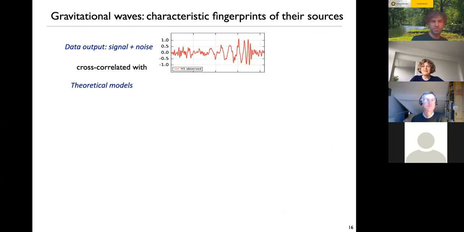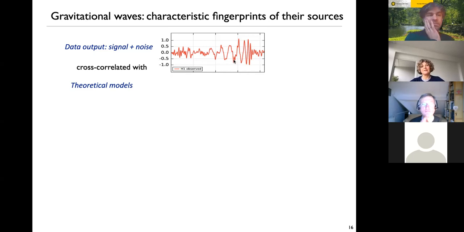Now the question is, of course, what can we learn from these signals? And also, how do we actually know this signal that was seen in the data corresponded to a binary black hole system with two roughly 30 solar mass black holes at a distance of 1 billion or even more light years from us?